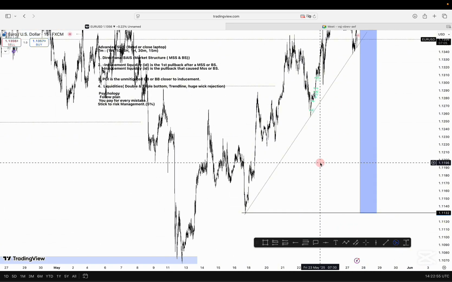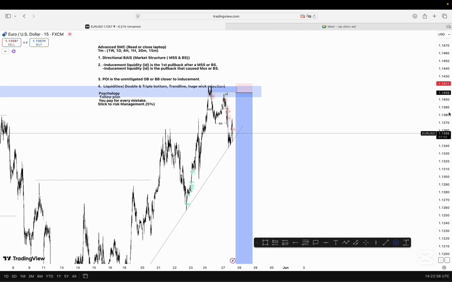And let's deal with liquidity right now before I end the class. Mostly, if you're able to start your analysis from the higher time frame, it gives you more clarity to know where price is actually heading.